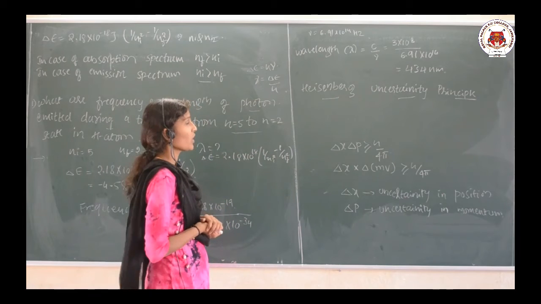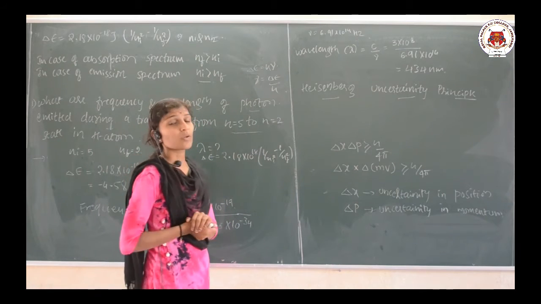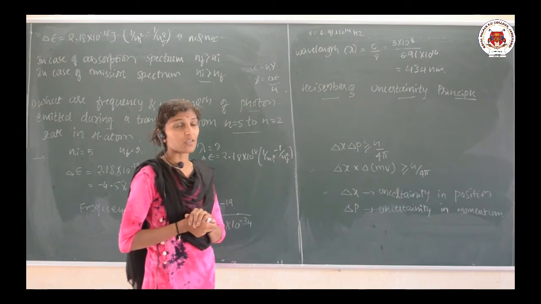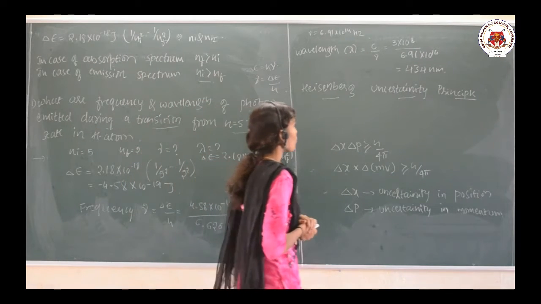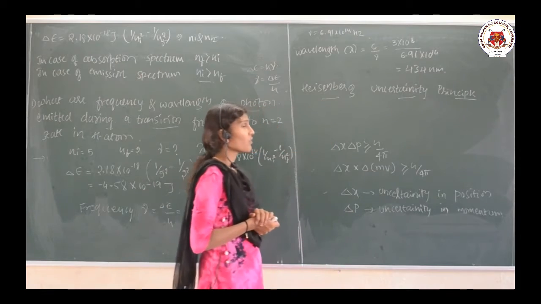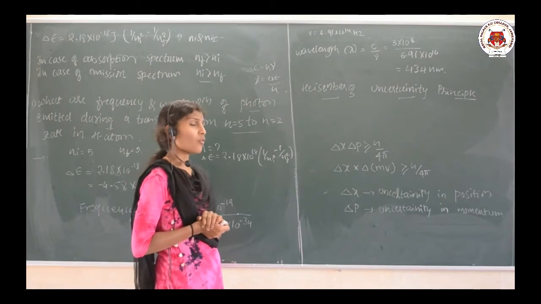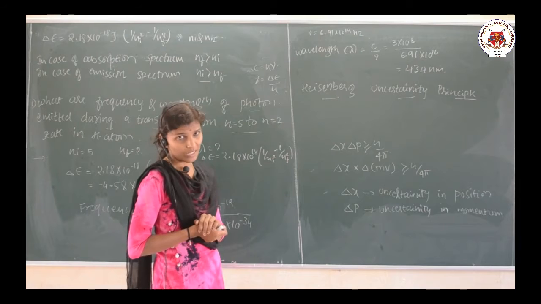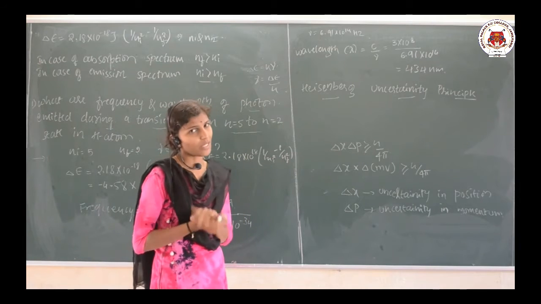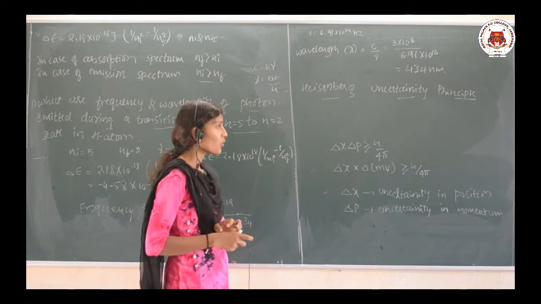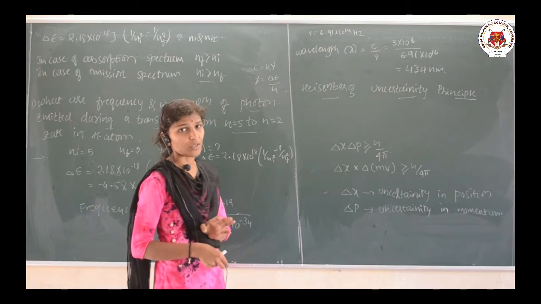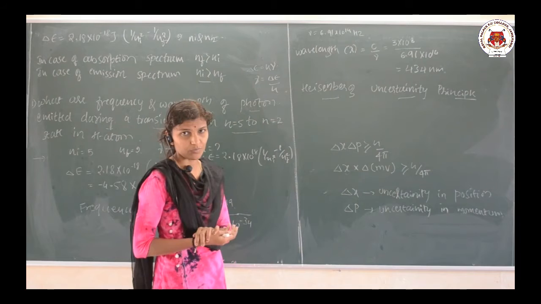Next, they asked you to calculate the wavelength. So wavelength formula lambda is equals to C by nu, that is frequency, and C value already we know, 3 into 10 to the power 8, and nu value we have calculated. If you simplify those two values, you are going to get an answer around 434 nanometer.